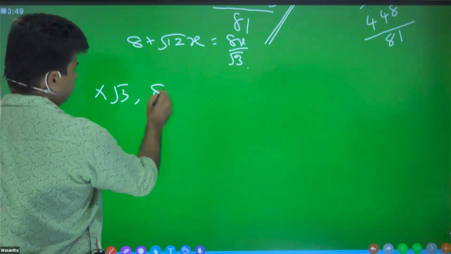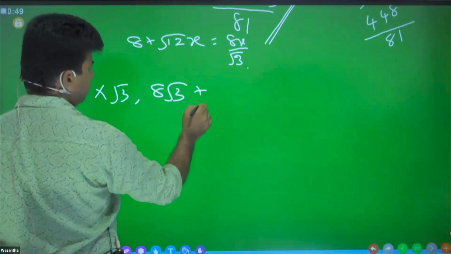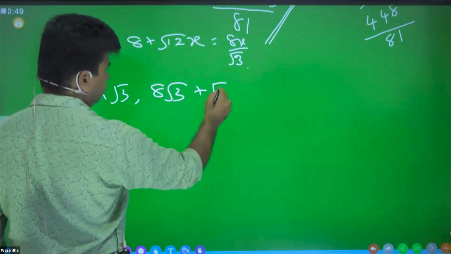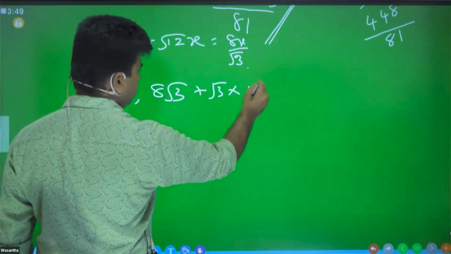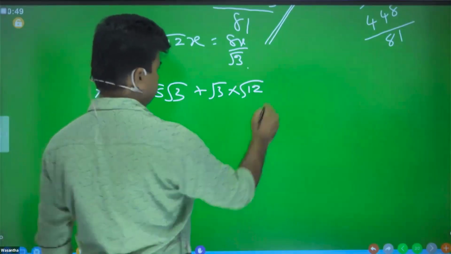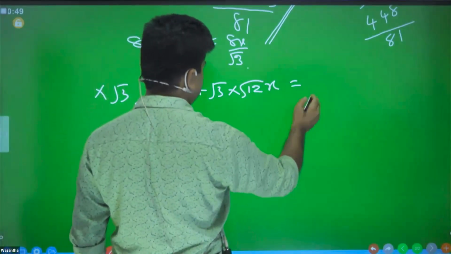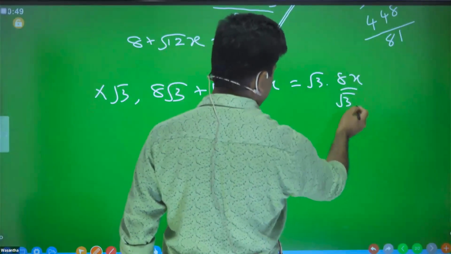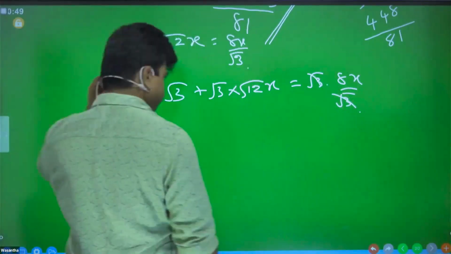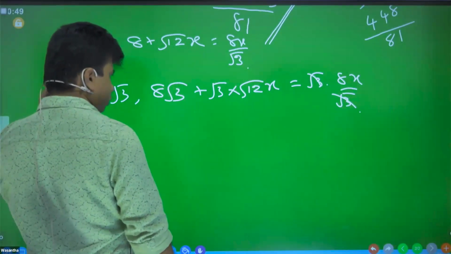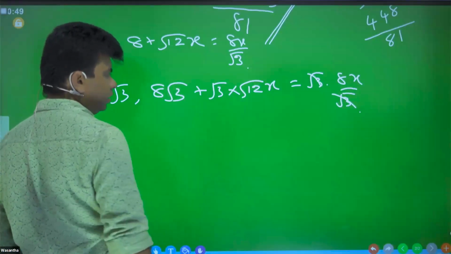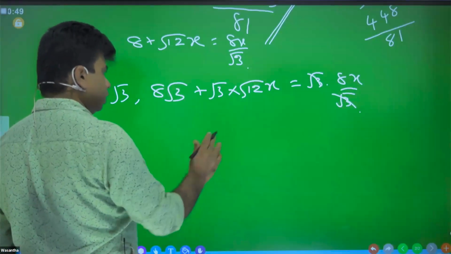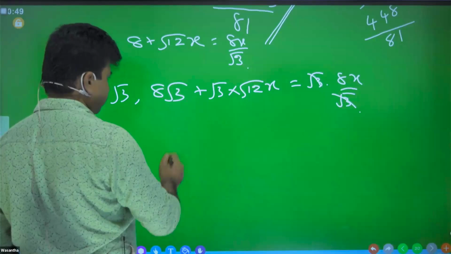That means 8 into root 3 plus root 3 into root 12 x equals root 3 into 8x over root 3. So these two cancel. Root 3 into root 12 means root 36, which is just 6.